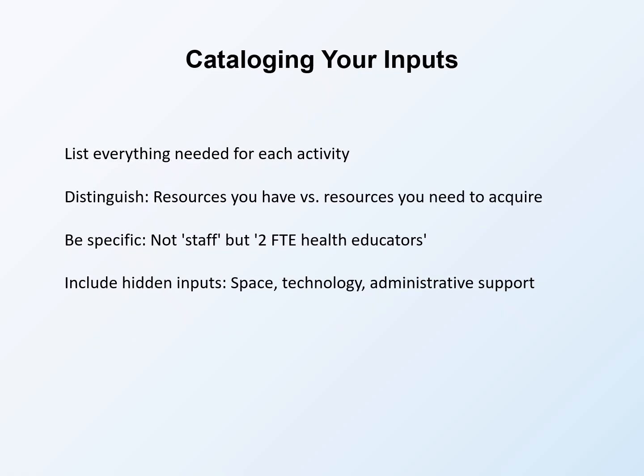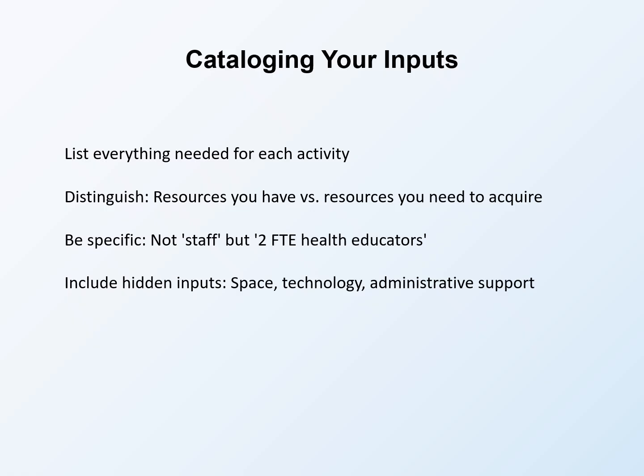When cataloging inputs, be methodical. List everything needed for each planned activity. If you're conducting workshops, what do you need? Space, facilitator time, materials, equipment, refreshments, transportation for participants, childcare so parents can attend. Distinguish between resources you already have and resources you need to acquire. Resources you have are confirmed.